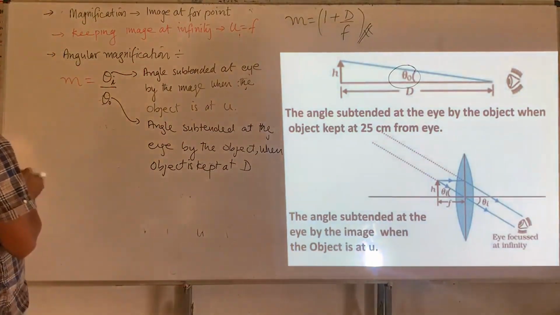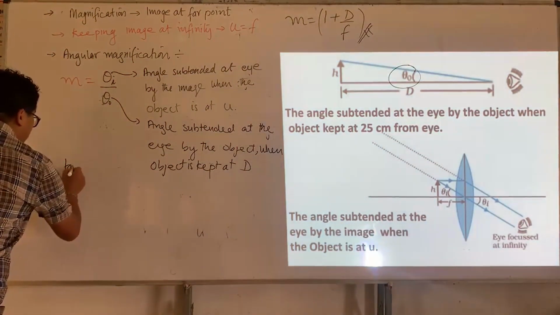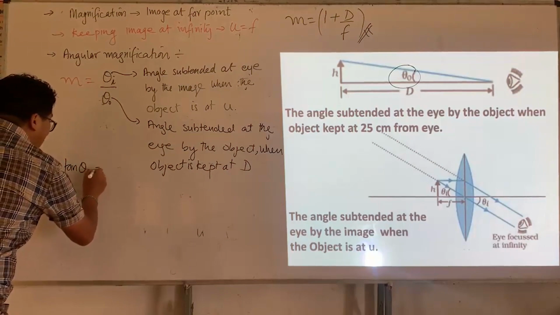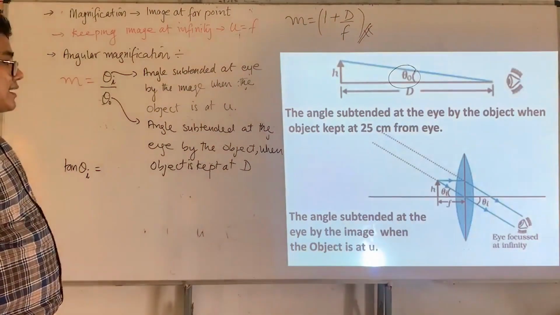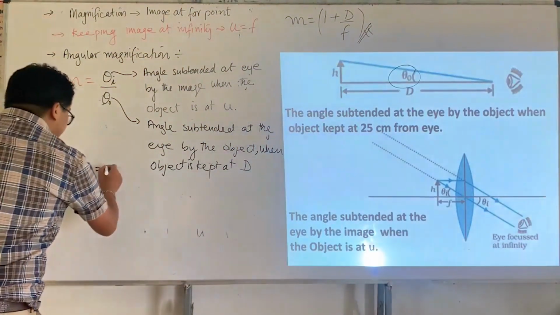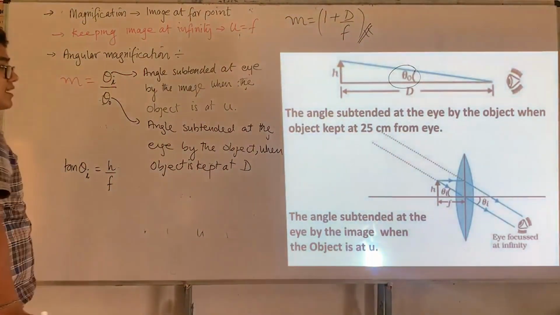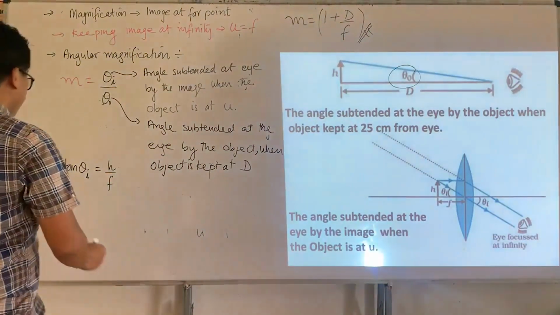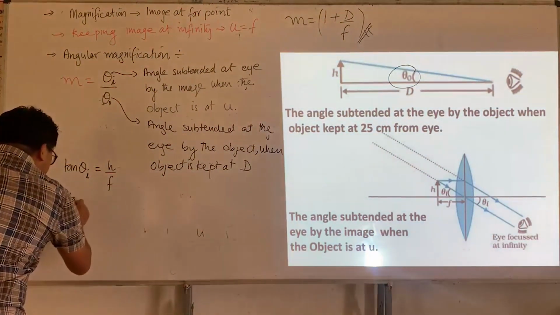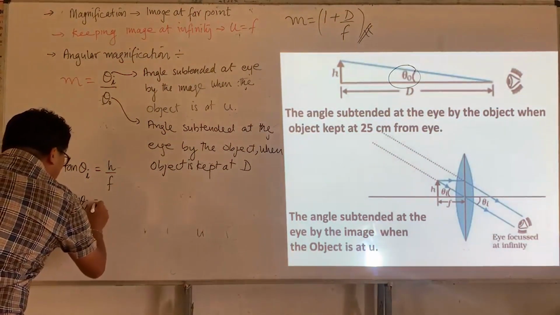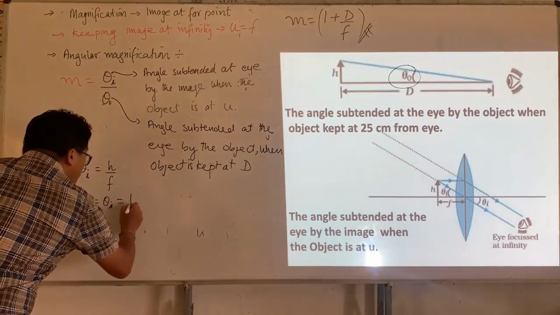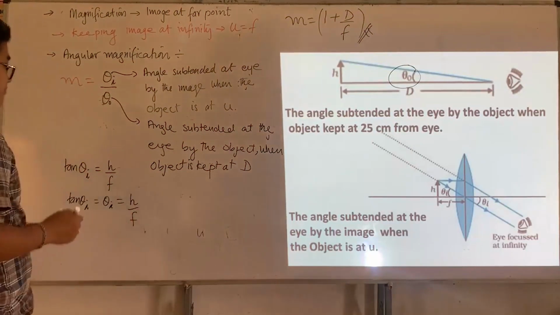So how are we going to find out? Simple. tan theta I is going to be h divided by f. Since theta is small, tan theta I is equal to theta I, which is equal to h divided by f.